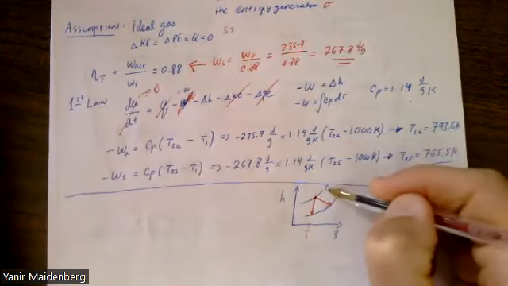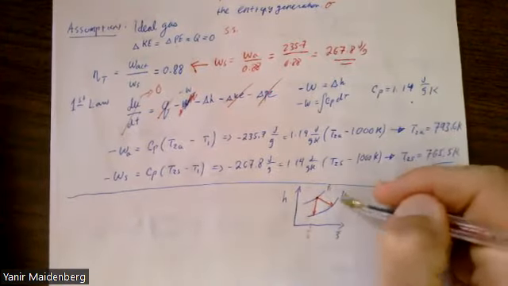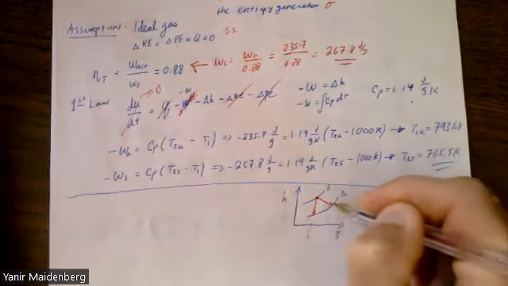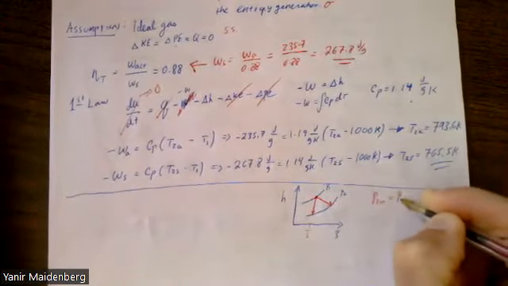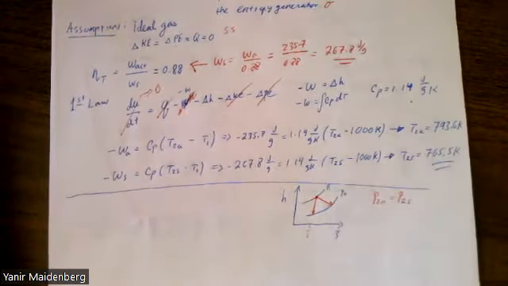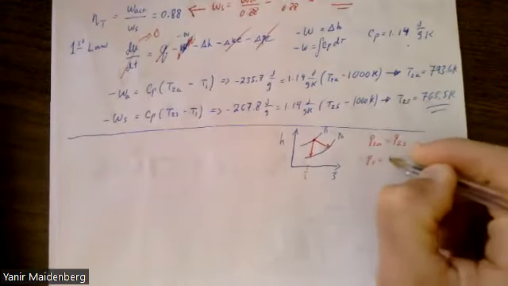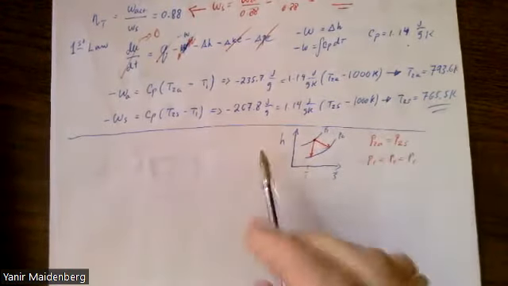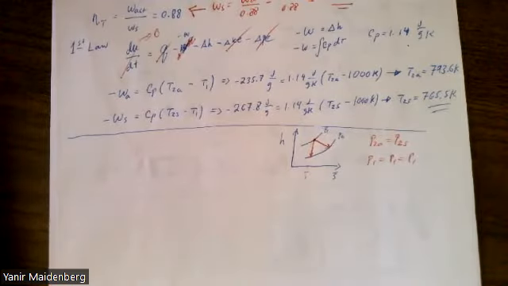But no matter what happens, we need P2 to be equal for both processes. So we know that P2 actual is equal to P2 for the isentrope. We also know that P1 is P1. We're not really changing it. It's the same state at the beginning.